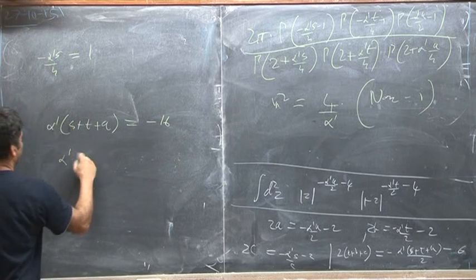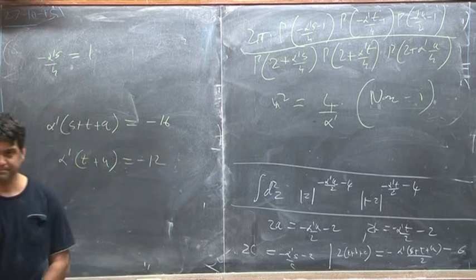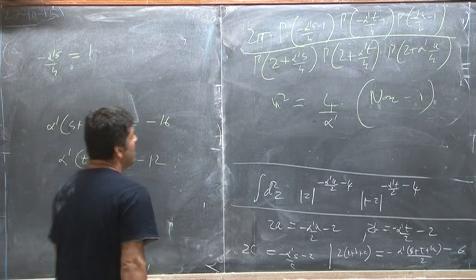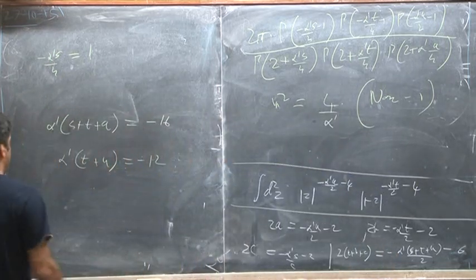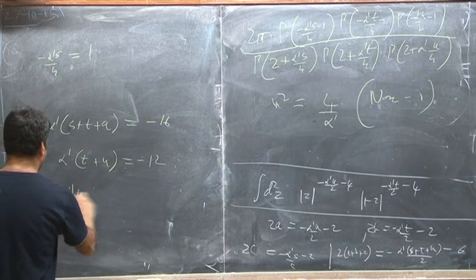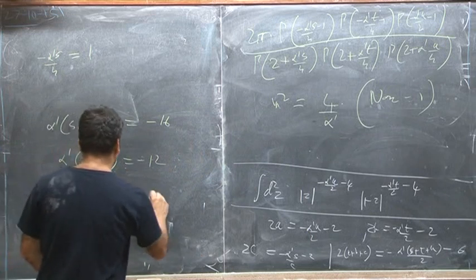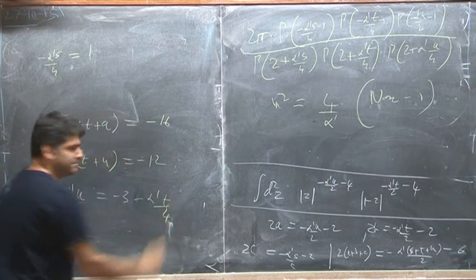And so we get alpha prime into T plus U equal to minus 12. Therefore, alpha prime U by 4 is equal to minus 3 minus alpha prime T by 4.